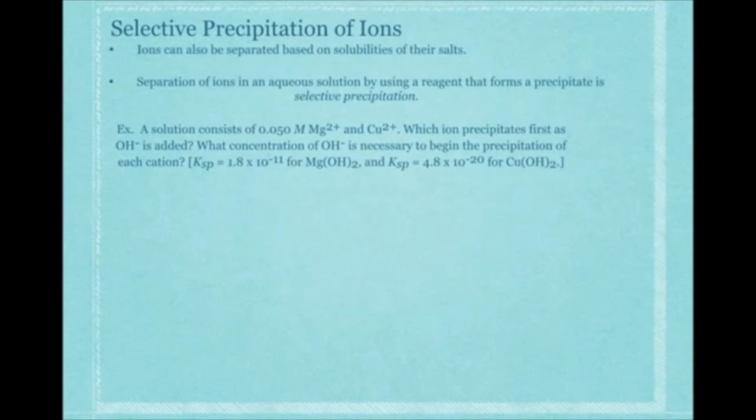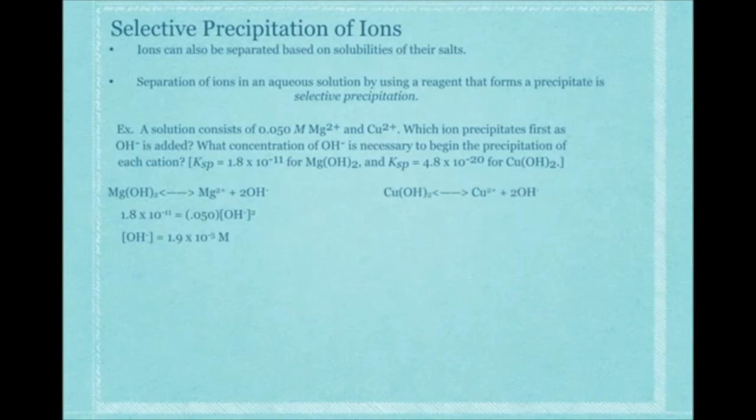I'm going to first work with magnesium hydroxide, and there is my dissociation reaction right there, and I'm going to calculate my Q. I've got my KSP, 1.8 times 10 to the negative 11th. That's equal to the concentration of magnesium ions times the concentration of hydroxide squared. When I do this, I find that my hydroxide is equal to 1.9 times 10 to the negative 5th.